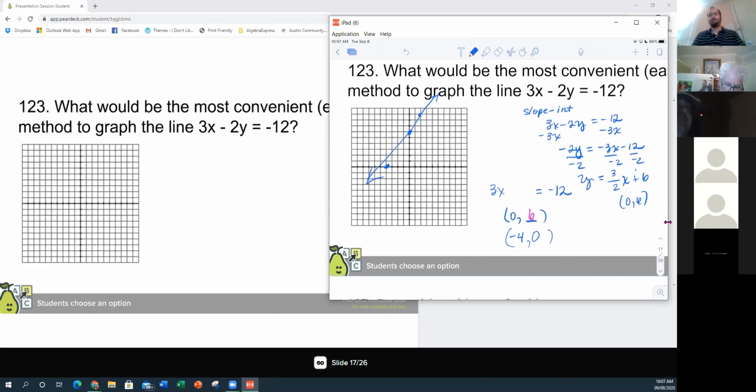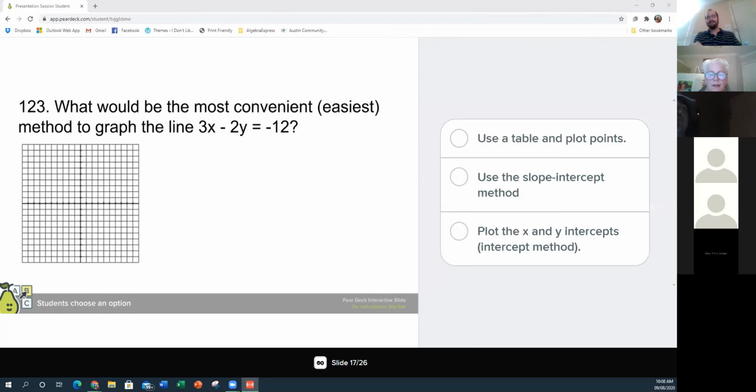My graph was a little bit off, but that would also give you the line that you want. And of course, you can also just plot points, and that always works for you.